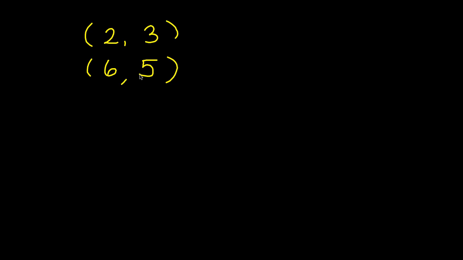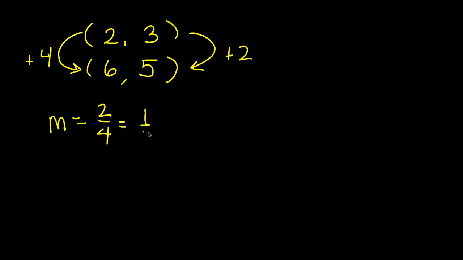I'm giving you these 2 points, and I want you to write these in standard form. All right, so let's see what we're going to do. My rate of change here is going to be plus 2 on the y and plus 4 on the x. So m is 2 over 4, which is half.